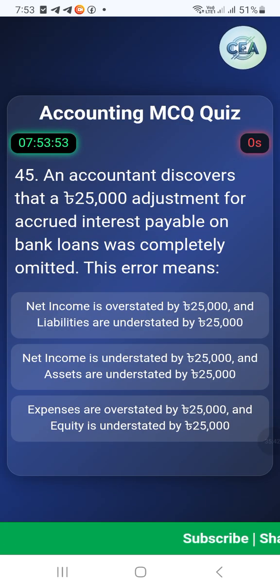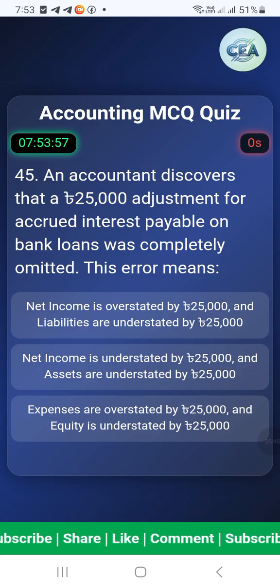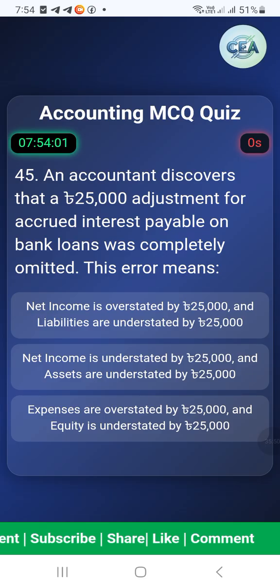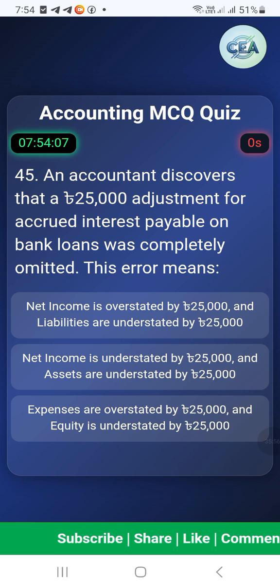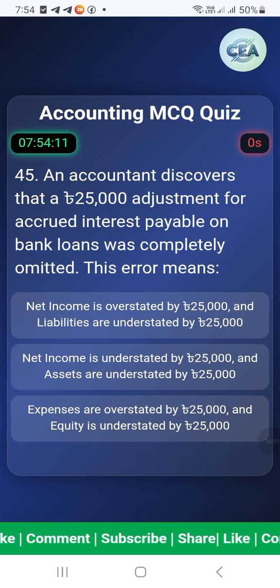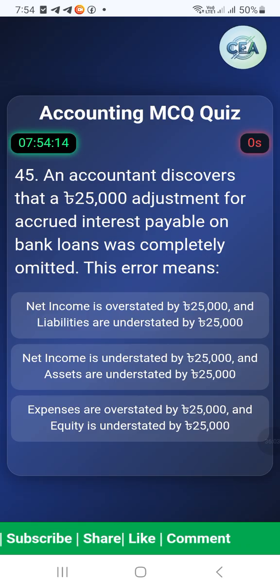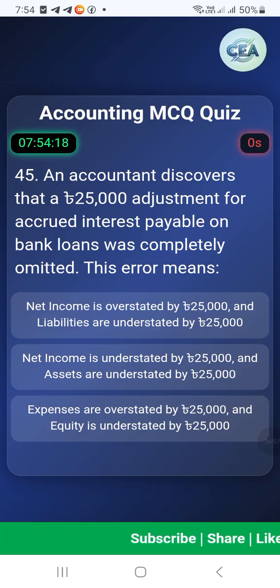45. An accountant discovers that a 25,000 takas adjustment for accrued interest payable on bank loans was completely omitted. This error means, Option 1. Net income is overstated by 25,000 takas, and liabilities are understated by 25,000 takas. Option 2. Net income is understated by 25,000 takas, and assets are understated by 25,000 takas.